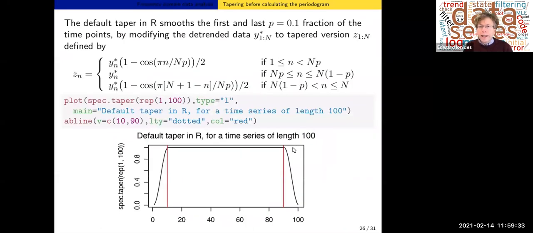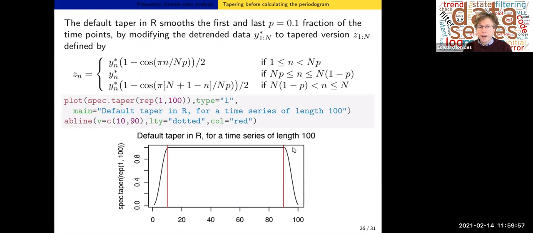So again, if you dig around in the code, you can work out what R does, and that's probably a reasonable thing for you to do, at least as a starting point, and often as an ending point, unless you find you really want to think about it. The default taper in R smooths the first and last 0.1 fraction of the time points.